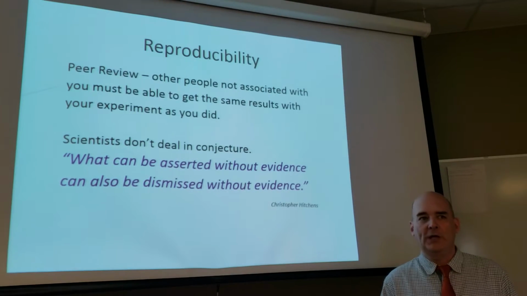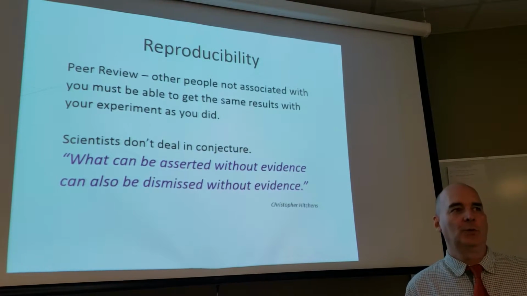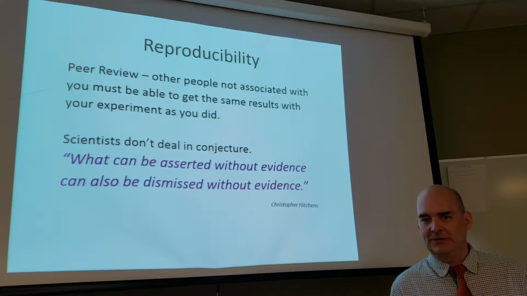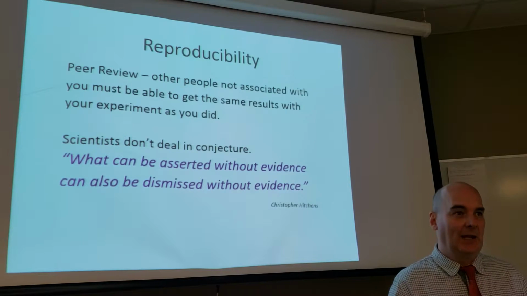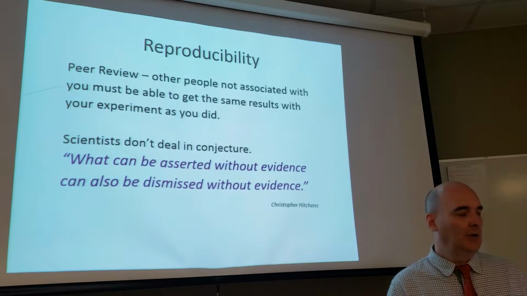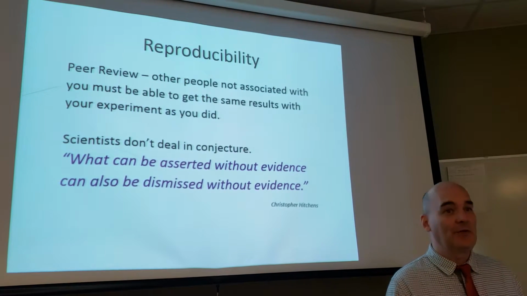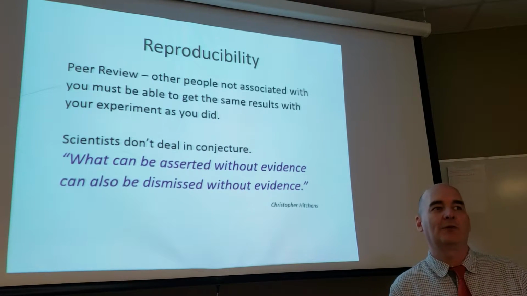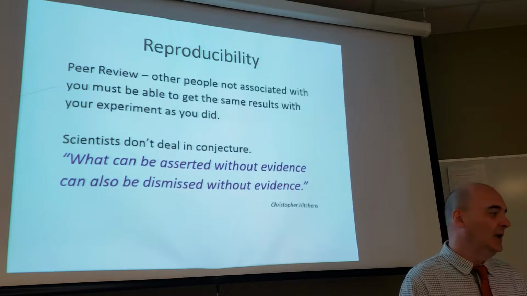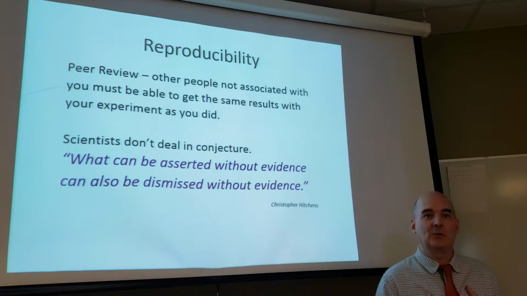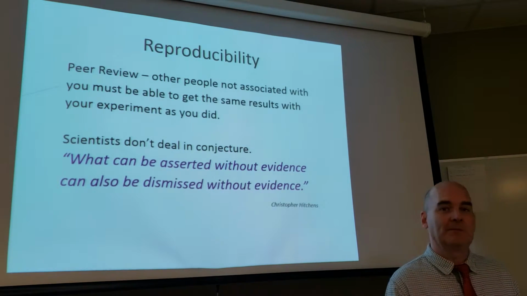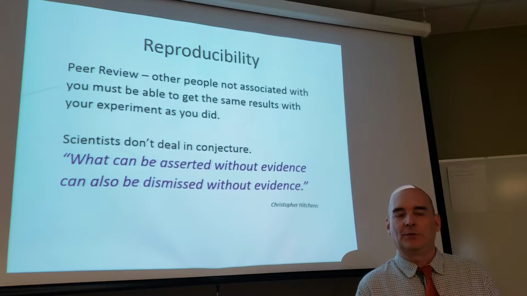So when we find a new discovery, we write that up as comprehensively as we possibly can, and we give it to the world, and then we have other people from all around the world see if they can reproduce our results. And if people who are not associated with the original work can get the same results that you did, then your findings are valid.